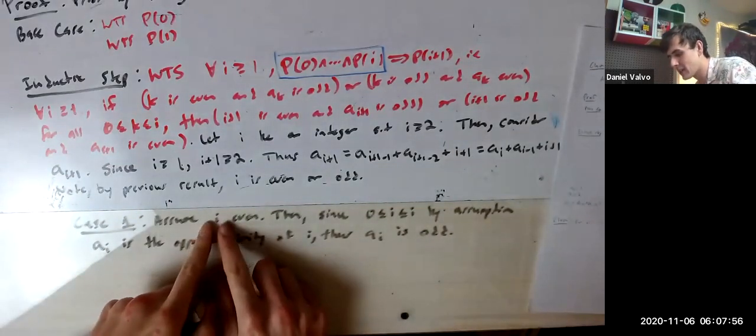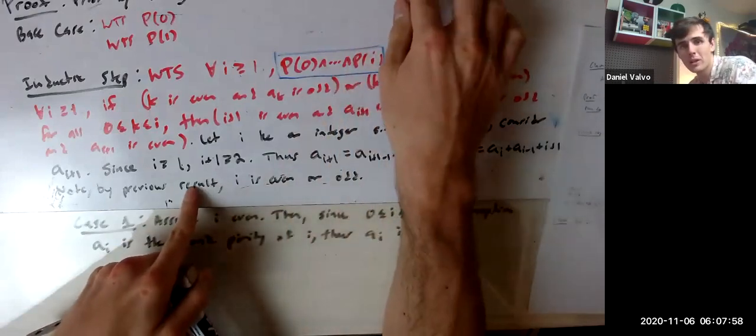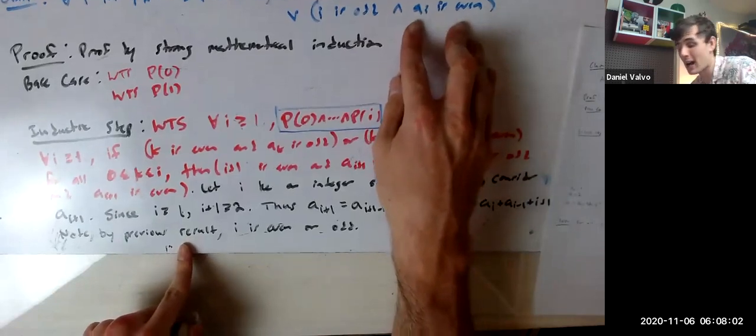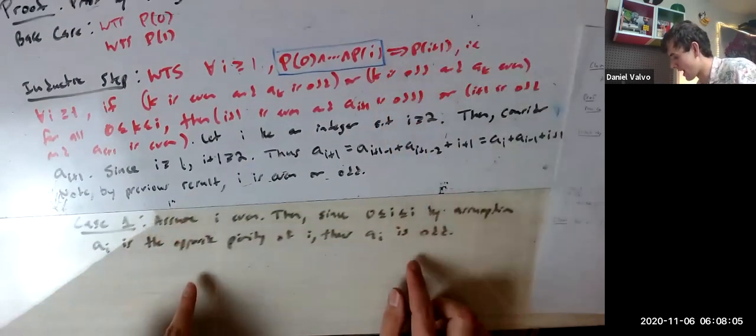So since i is even, and we're assuming this claim holds for everything between 0 and i, that means that a_i must be odd.